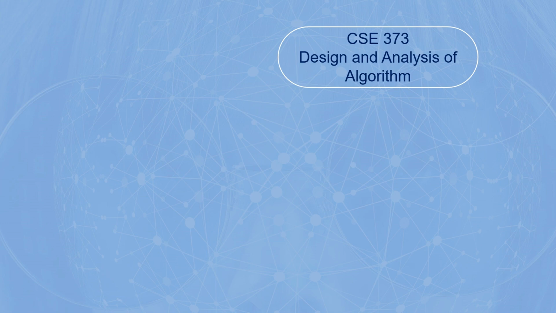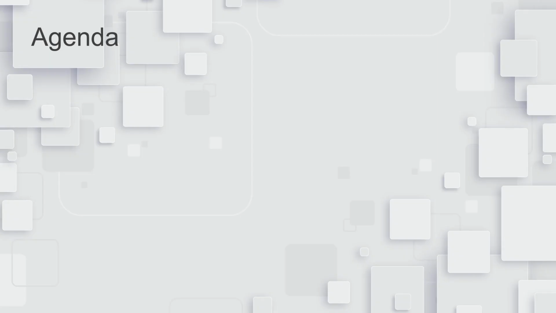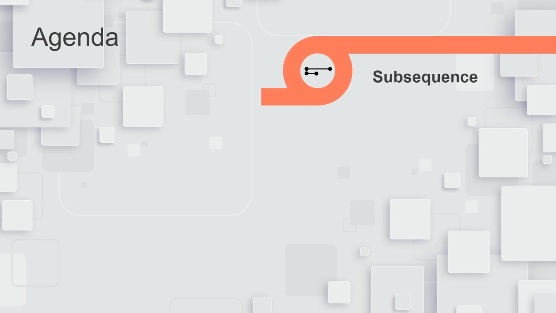Hello, in this design and analysis of algorithm video, we are going to discuss how to find the longest common subsequence among two strings. This video will be divided in four major points. First, we discuss the subsequence concept. Then we look at different ways to approach the problem and determine the time complexity of that approach.